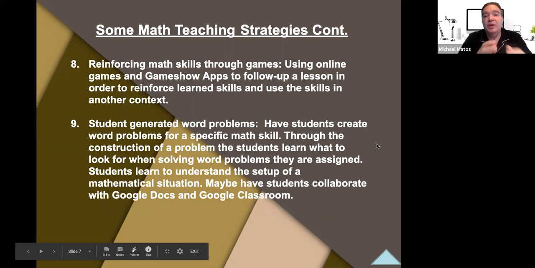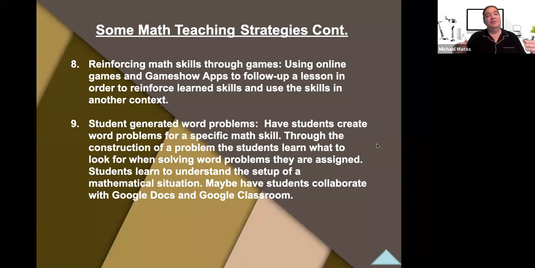Reinforcing math skills through games, very important. It's maybe not as traditional as some would want, but it is something that really reinforces and introduces skills for our students, and they're more engaged and retain it longer.